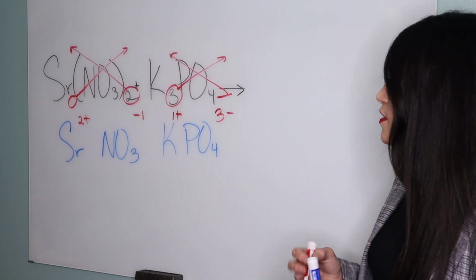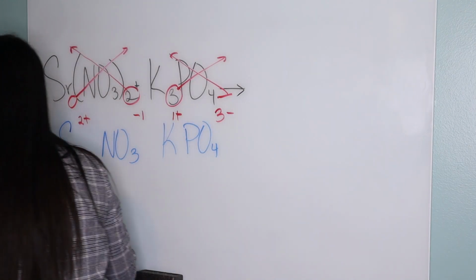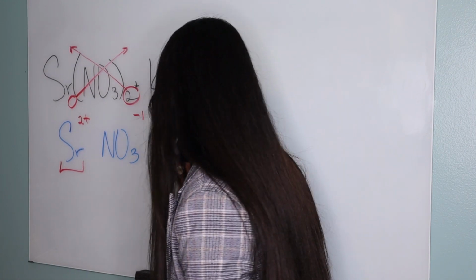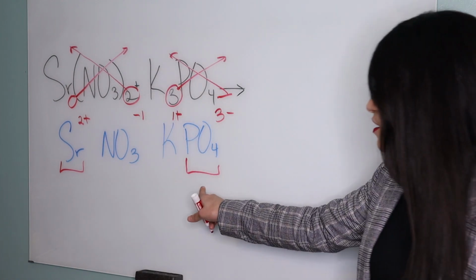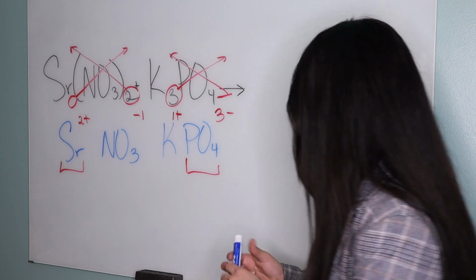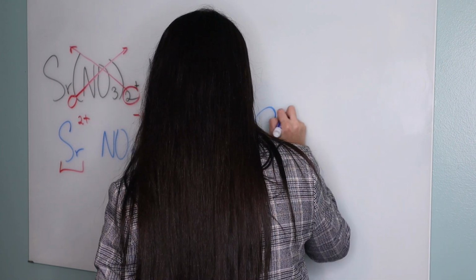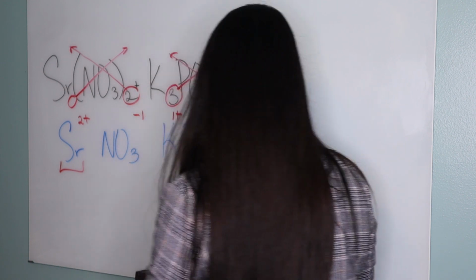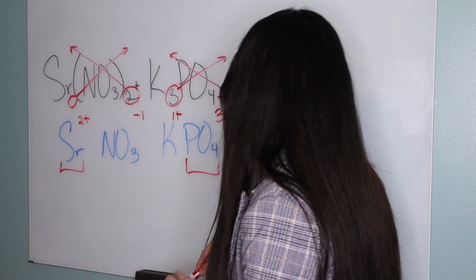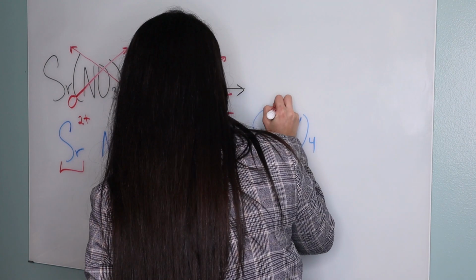After you go ahead and you do that, you're going to write the cation of one of the reactants next to the anion of the second reactant. And I'm just going to be writing them next to each other. And I'm going to also be writing the charges that I just found out, right?